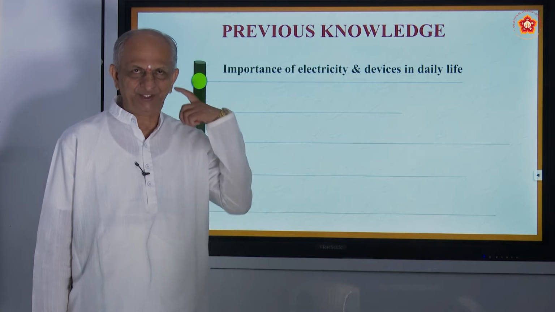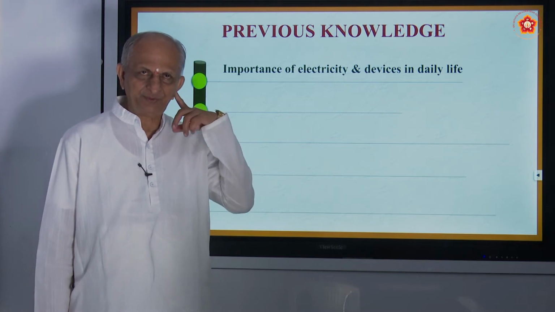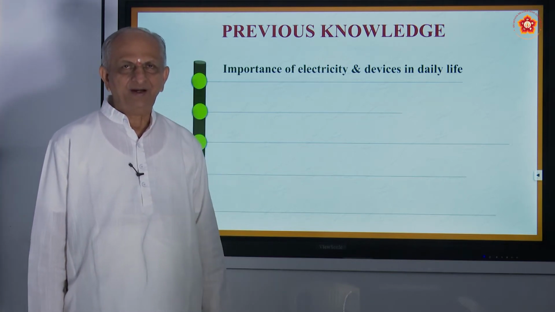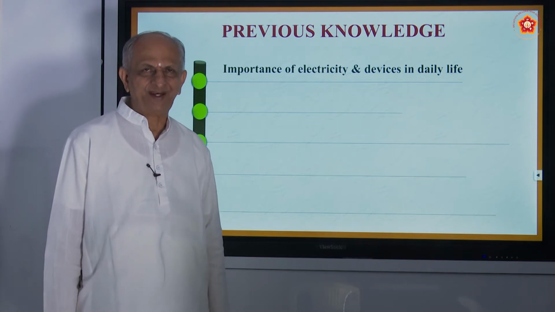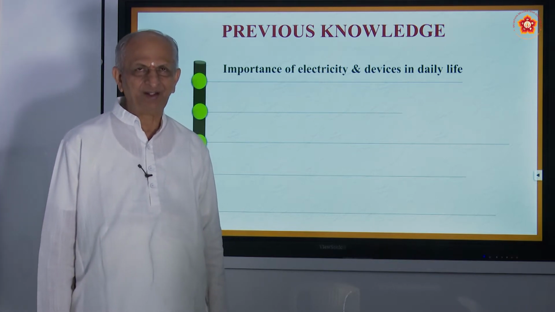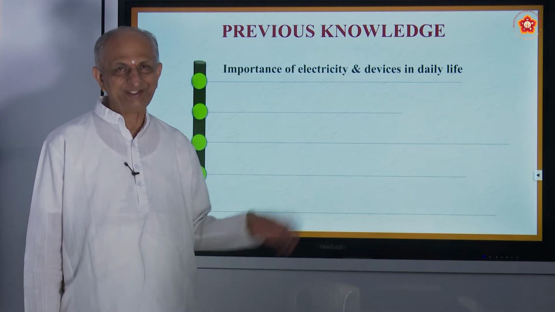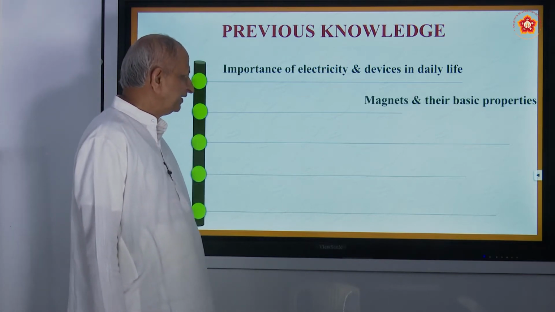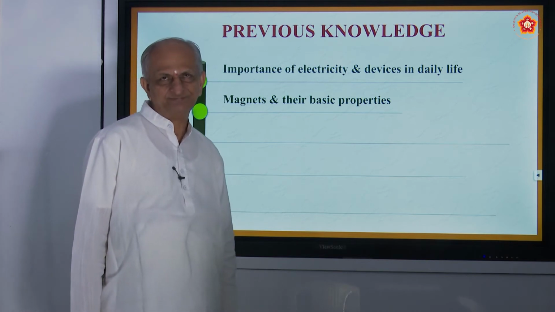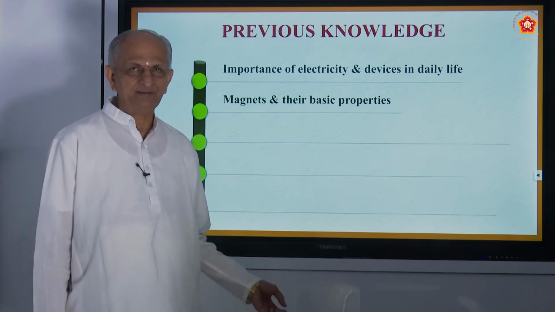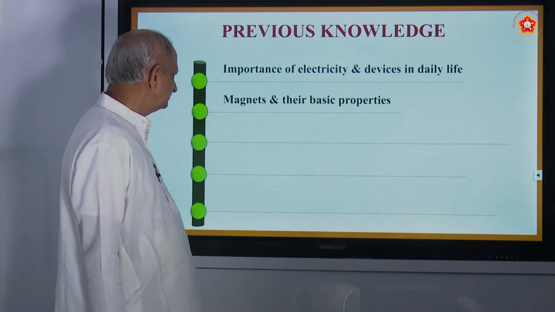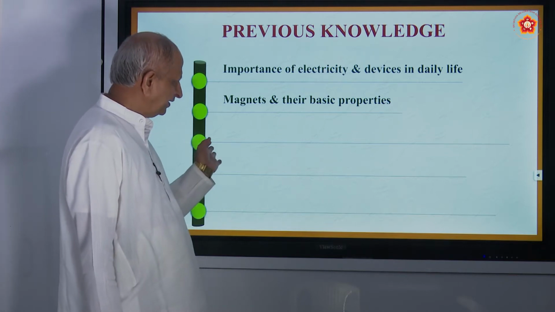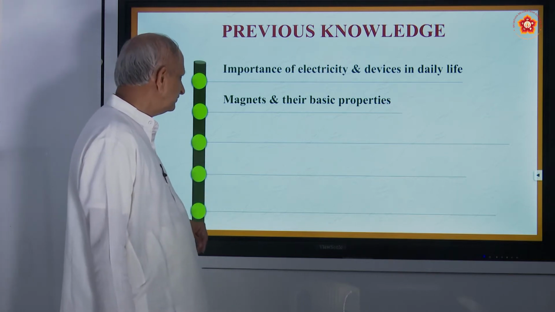The light that you see, the fan that gives us air, and ovens, iron box, heaters, boilers, a big list will be there. They are all products of electricity. It's a very convenient form of energy. It can be transferred, and you can make different forms of electricity.